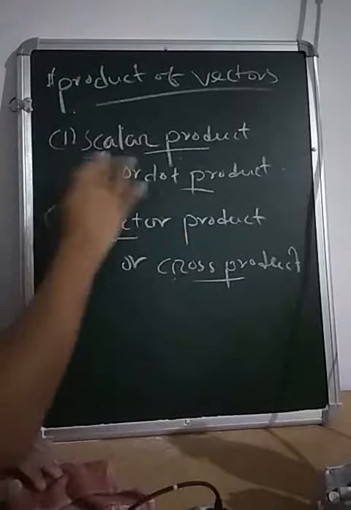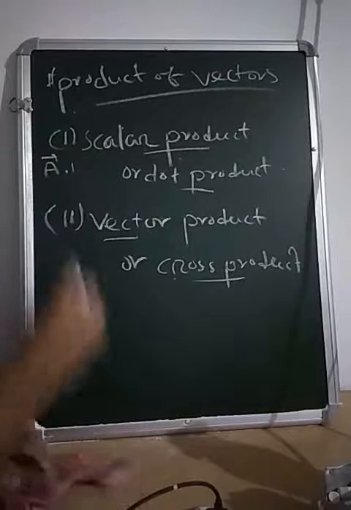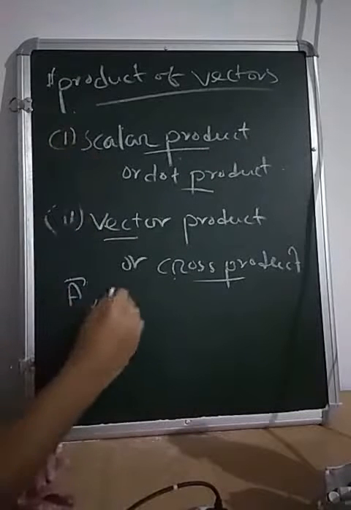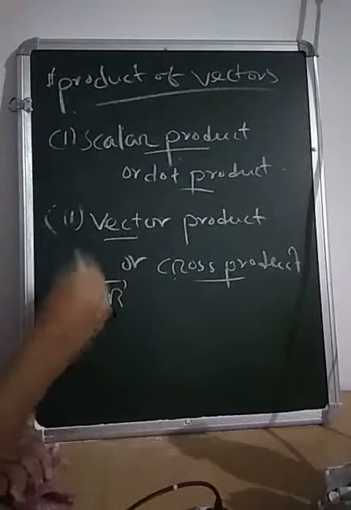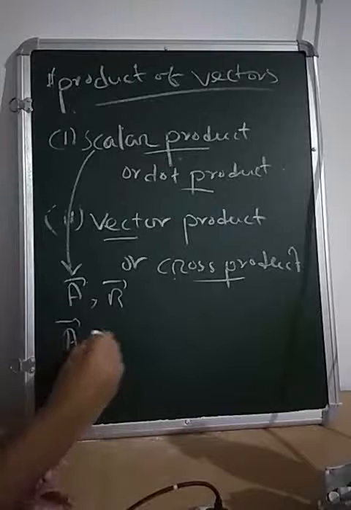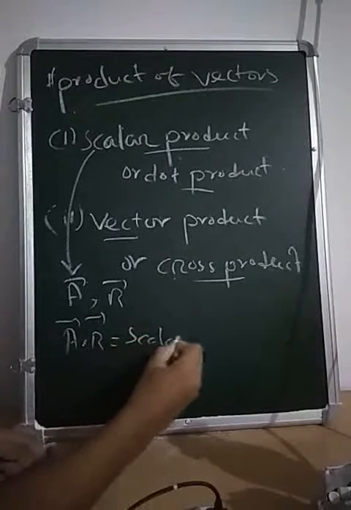In the case of dot product, suppose there are two vectors A and B. If we do the dot product or scalar product, then what we get is a scalar quantity.